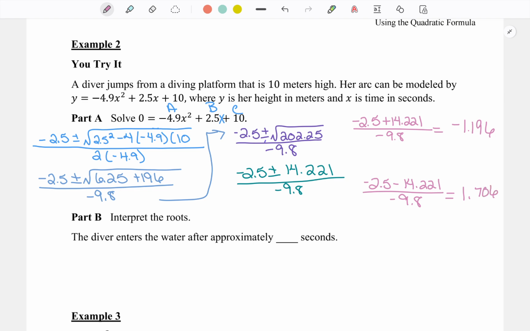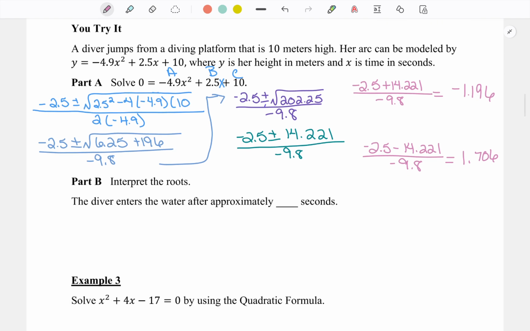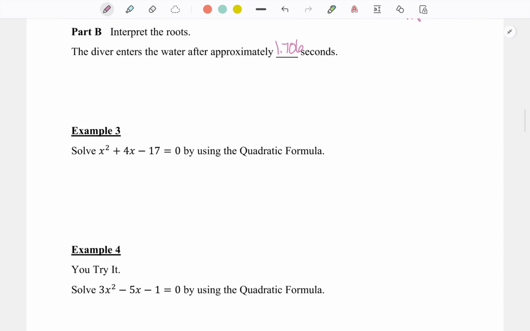And so when we interpret our roots, the diver is going to enter the water at 1.706 seconds because that negative is not going to be a valid option.